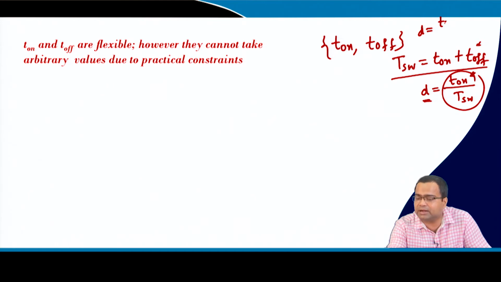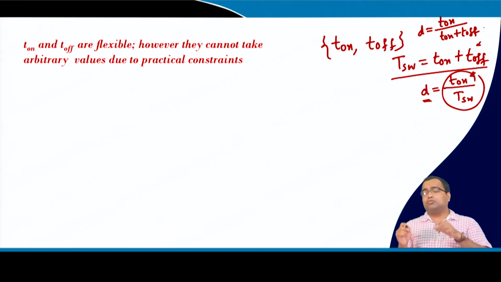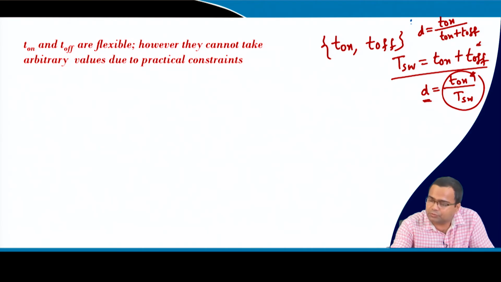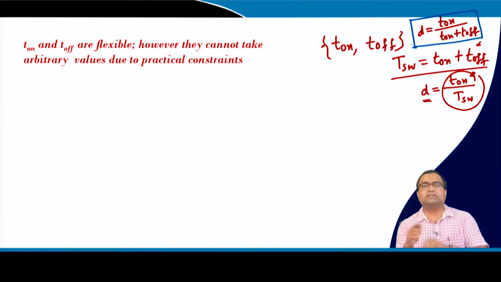It is nothing but T on by T on plus T off. So, if you want to maintain the T on, T on plus T off ratio to be the same, we still can vary T on and T off in such a way that the ratio will be the same. So, that means in principle we can get an infinitely large set of T on, T off which will satisfy my steady state requirement.